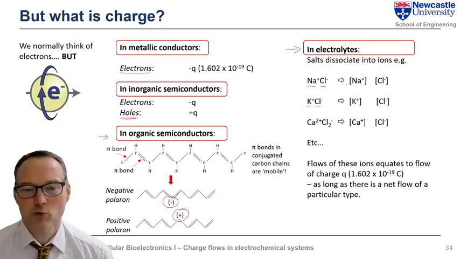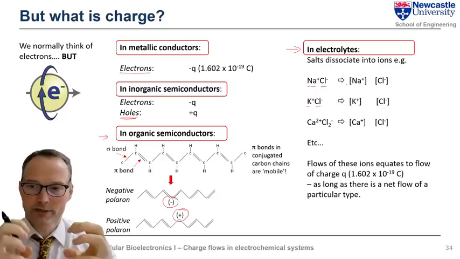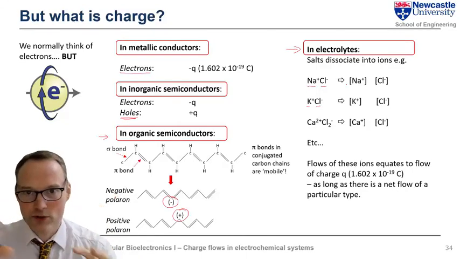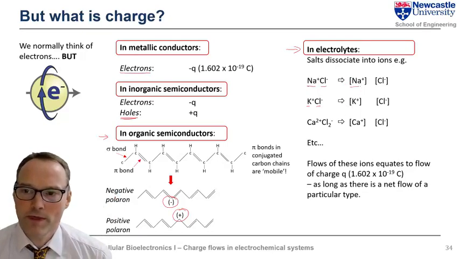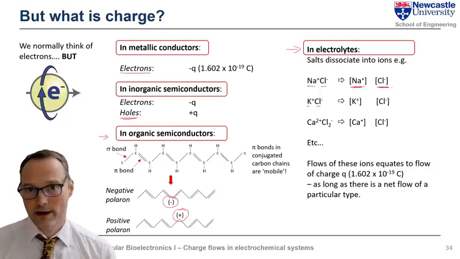But in essence, once they go into the solution, that strong bonding between the sodium and the chlorine starts to become a little less strong, and they kind of float around with a certain affinity to each other. So we think about positive sodium ions and negative chlorine ions.